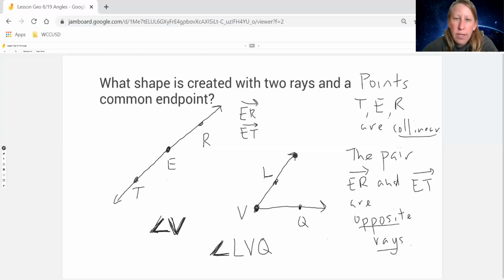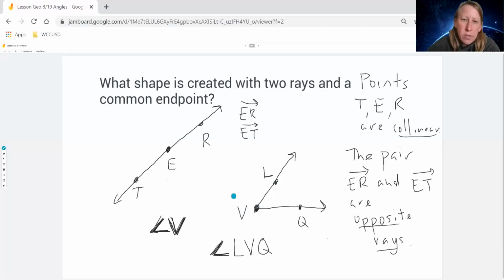I've drawn this side that's a ray, I've drawn the point that they have in common, and I've drawn the other ray. If you screwed up the order and you went from L to Q to V, that would not be drawing the angle. That would not be the same angle. That would be a shape from L to Q to V. Did I trace the angle? No, I'm all over in the middle over here. So that's no good. Don't do that.